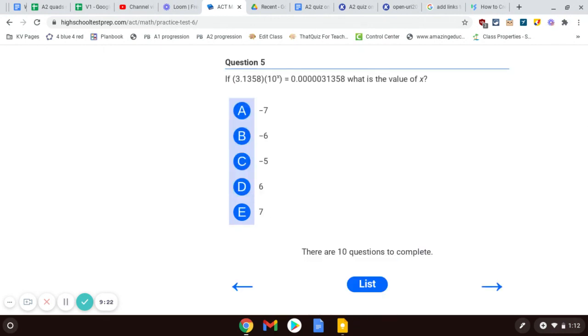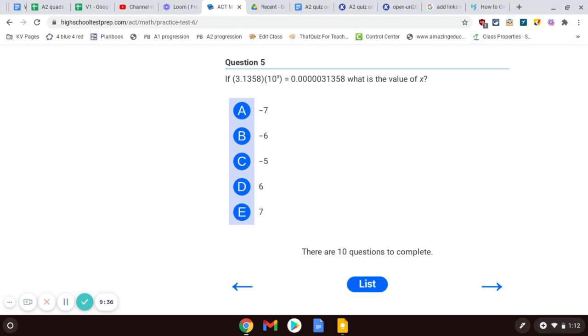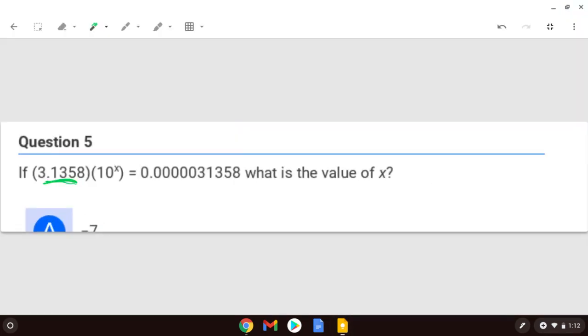Okay, so on question 5, they want us to determine the value of x. You've got this 3.1358 times 10 to some power. I backed out because I thought it was going to get noisy in here.